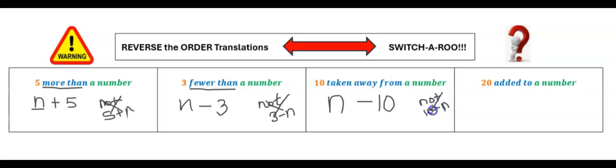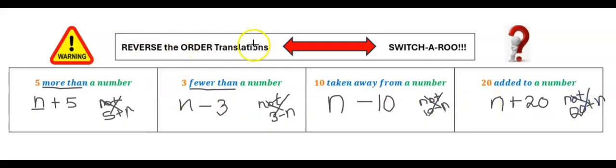And then this one says 20 added to a number. So that means we have to start with our number and we go up 20 from that number. So it would not be correct to translate this one as 20 plus n. We don't start with 20 on this one and go up n. We're not adding n to 20, we're adding 20 to n.